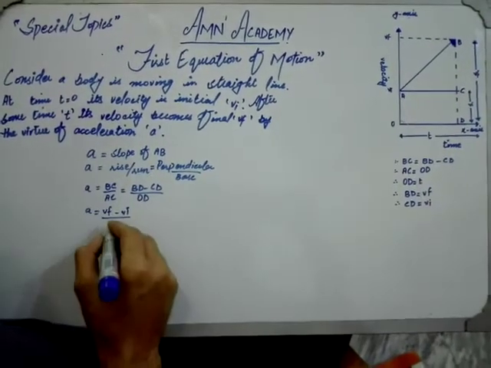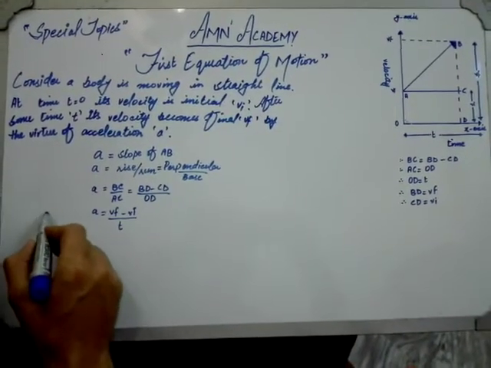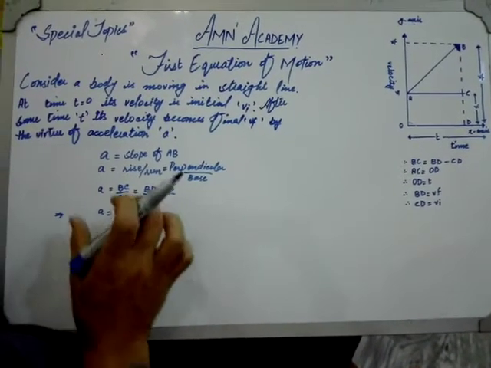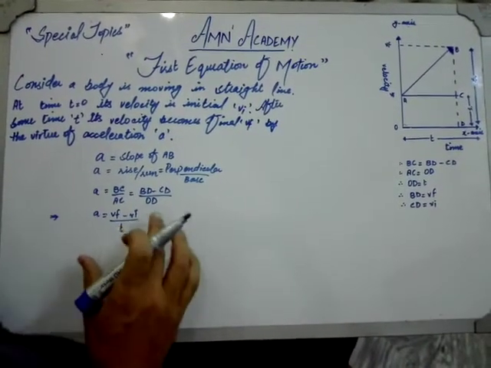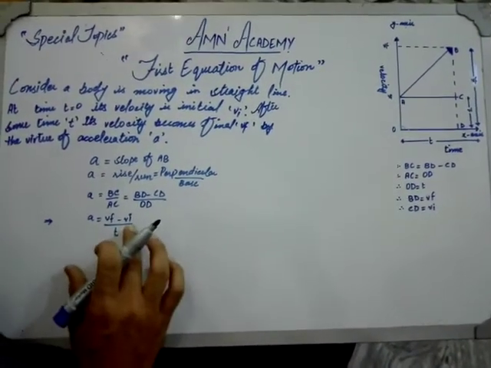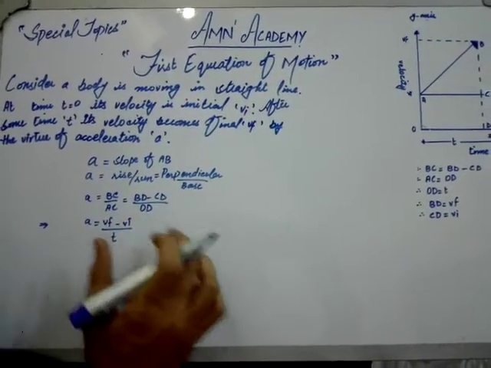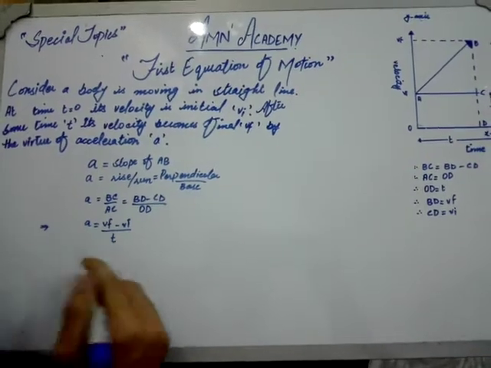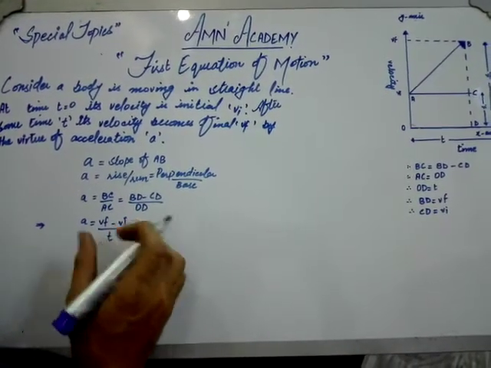OD is time. So that is the formula of acceleration, the change in velocity with respect to time. Final velocity minus initial velocity over time. So that is acceleration.